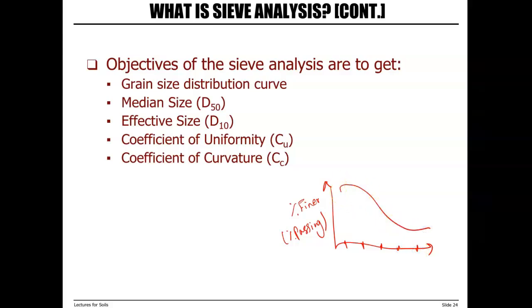Then we find a median size, D50, effective size, D10, D30 and D60, and then we calculate coefficient of uniformity and coefficient of curvature. So we will go over all of this.